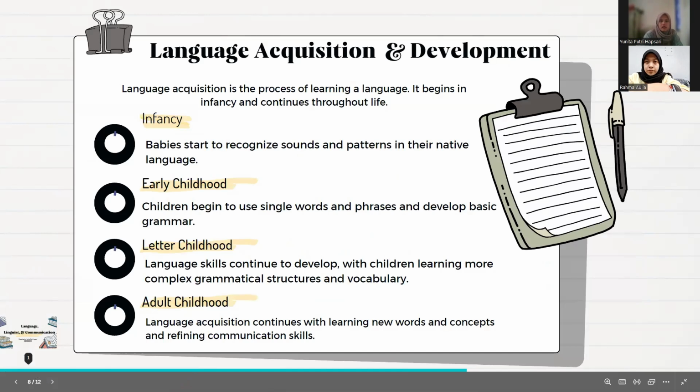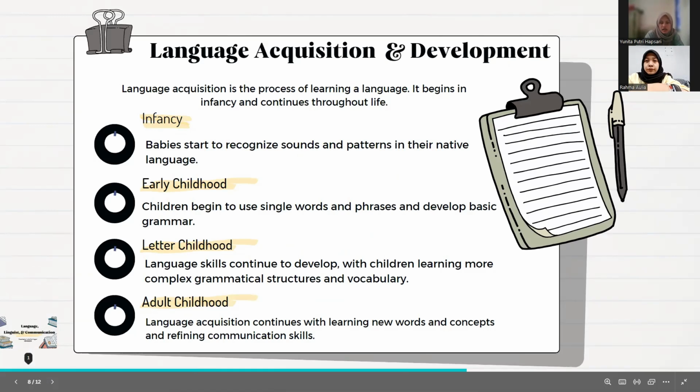The next one is language acquisition and development. Language acquisition is the process of learning a language. It begins in infancy and continues throughout life. The first one, infancy. Babies start to recognize sounds and patterns in their native language.